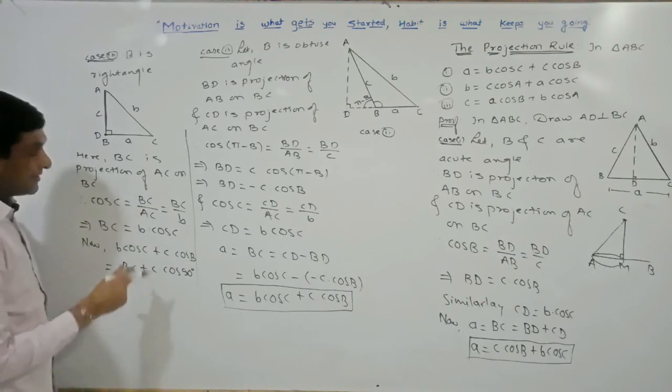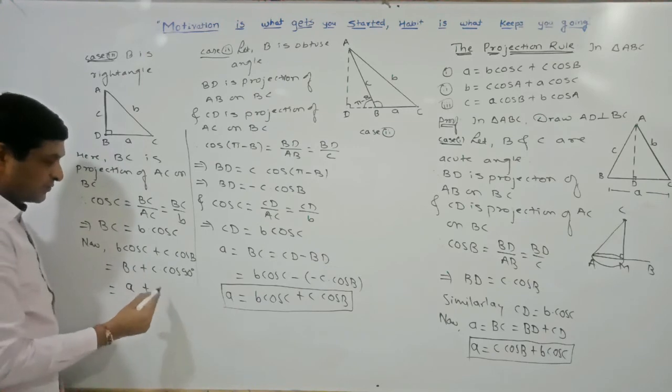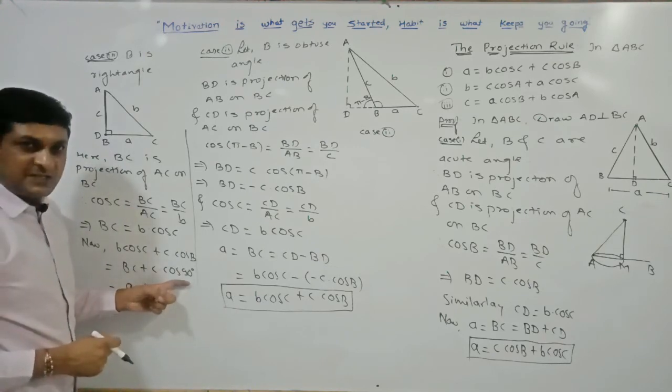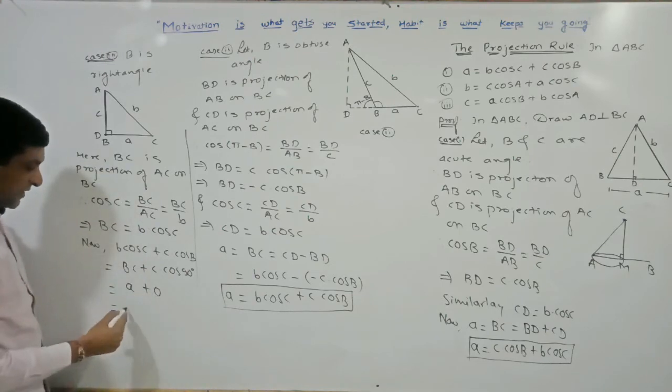So BC means small a, and we know that cos 90 is equal to 0, and 0 into small c will be equal to 0, which is equal to a.